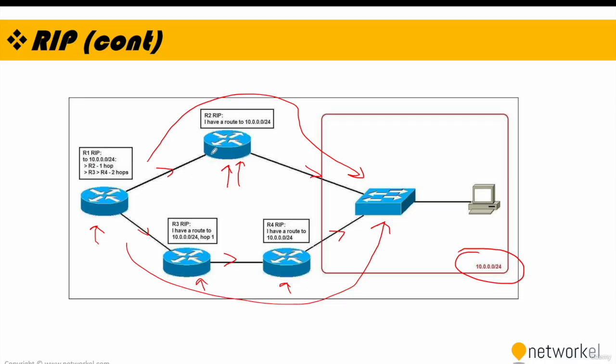For example, maybe I am passing through only one hop here, and here I am passing two hops, but maybe this path is using much faster cabling ISP networks, but the above path is using very old-fashioned slow ISP circuits, right? It's very much possible, and RIP does not care about it. RIP is only looking at the hop count.